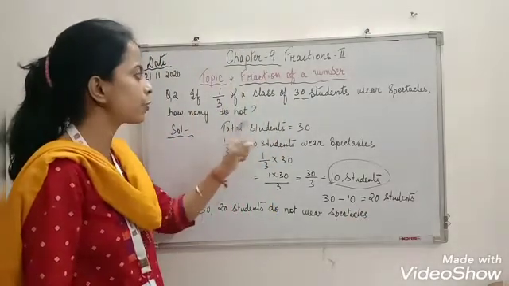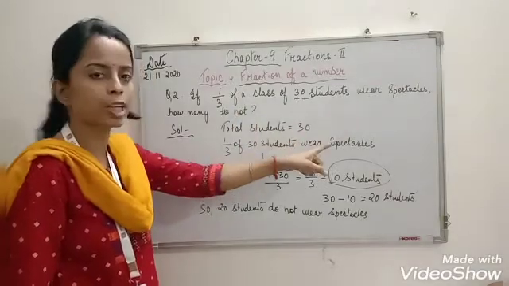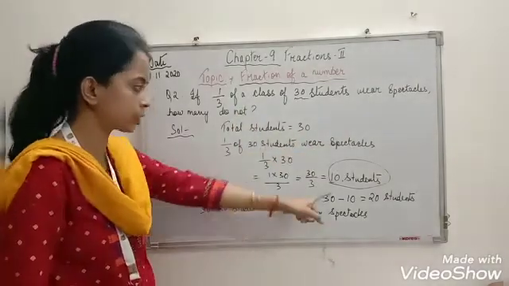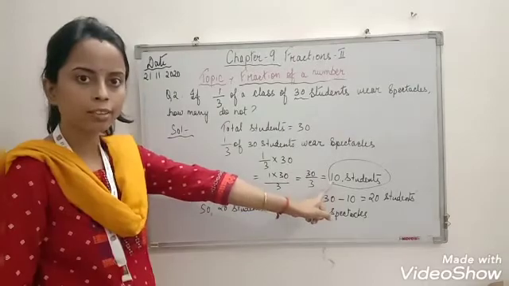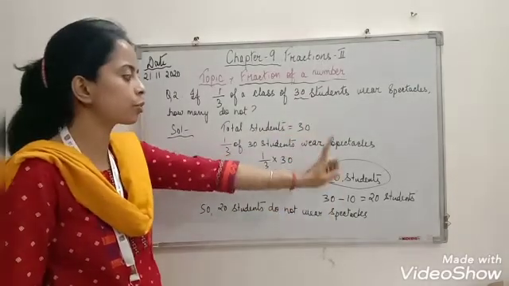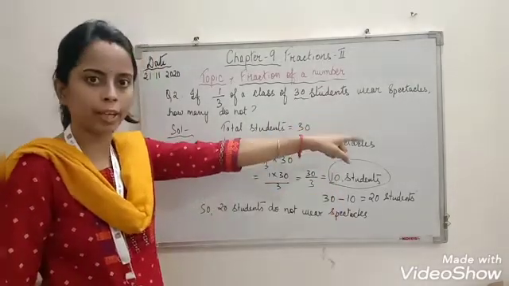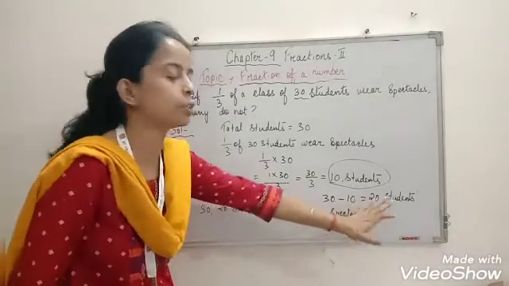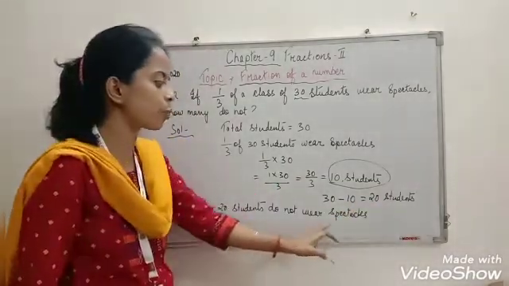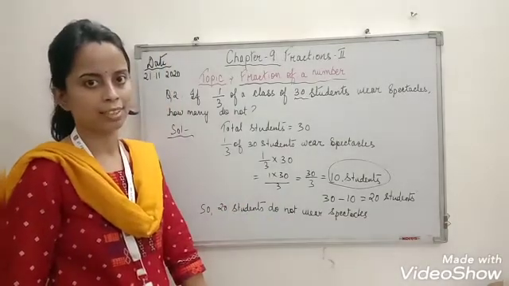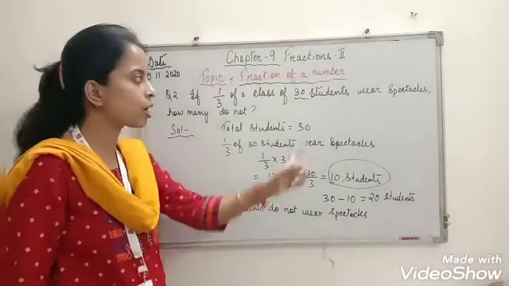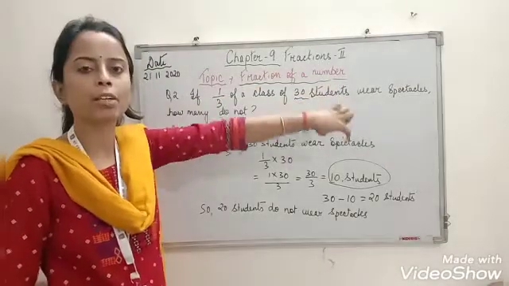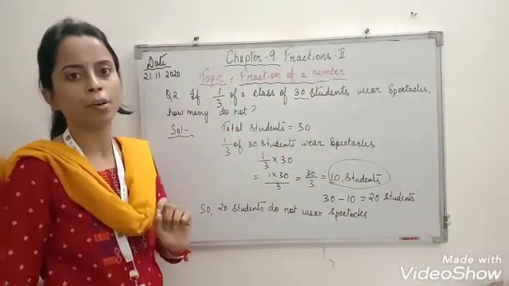Clear? 1/3 of the 30 students wear spectacles. 1/3 of 30, how much? 10. So out of 30 students, 10 students wear spectacles. The question is asking how many do not. So 30 minus 10, 20 students do not wear spectacles. Clear, children? So the concept is to find the fraction of a number.